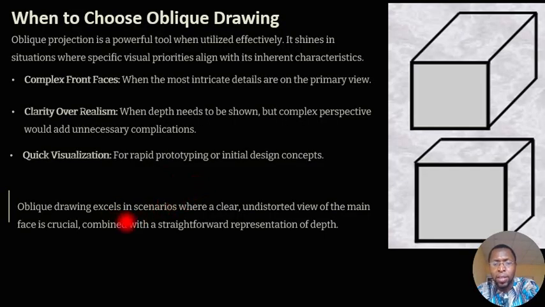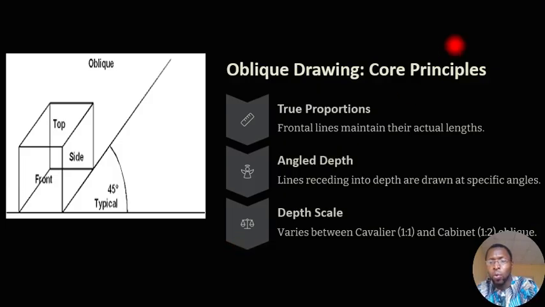So oblique drawing excels in scenarios where a clear, undistorted view of the main face is crucial. Because if you want a clear view of the main face, then you combine these oblique drawing skills. All right. What are the core principles of oblique drawing?